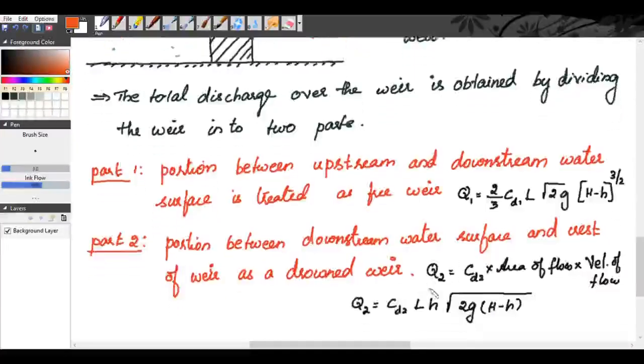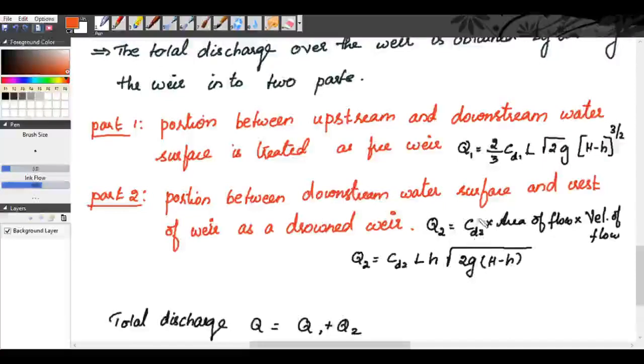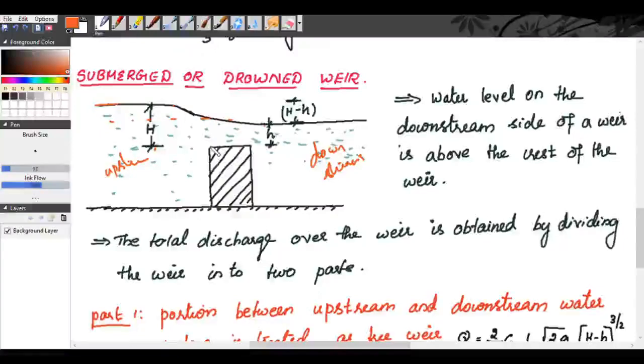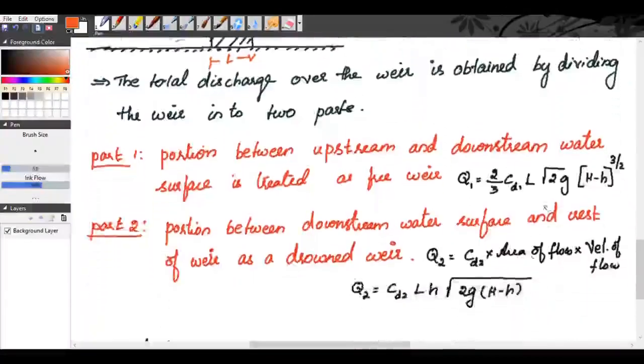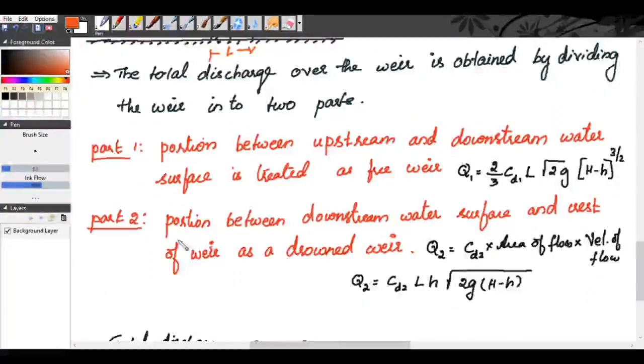And for the second portion, Q2 is taken as CD2, coefficient of discharge, into area of flow into velocity of flow. Area of flow is L into h, the length of the crest into this h. And the velocity of flow, we know the formula is root 2GH, so this H is replaced by capital H minus small h.